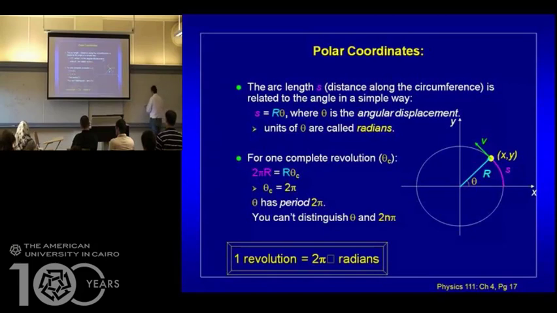Now we have proven that linear displacement s equals r times the angular displacement theta. Can you remind me what is the velocity as a function of the displacement?